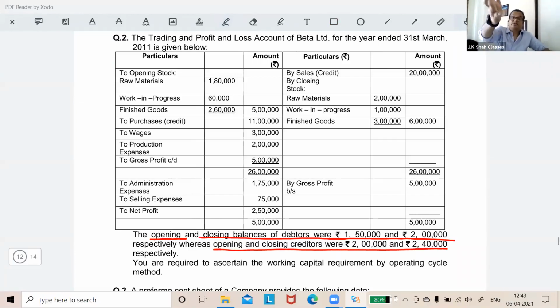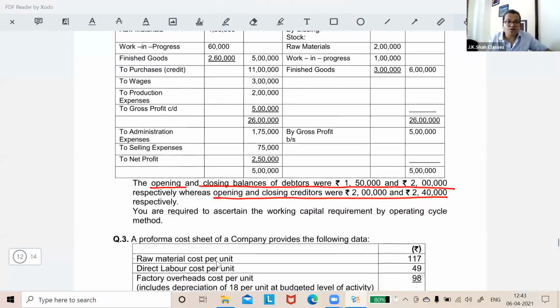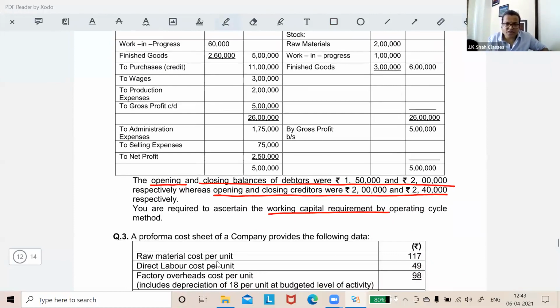Question number 8, working capital operating cycle duration, right? What are you required to calculate? You are required to calculate working capital requirement by operating cycle method. Now see, first I have to calculate the operating cycle in days. Remember, this is what we had done in question number 10.